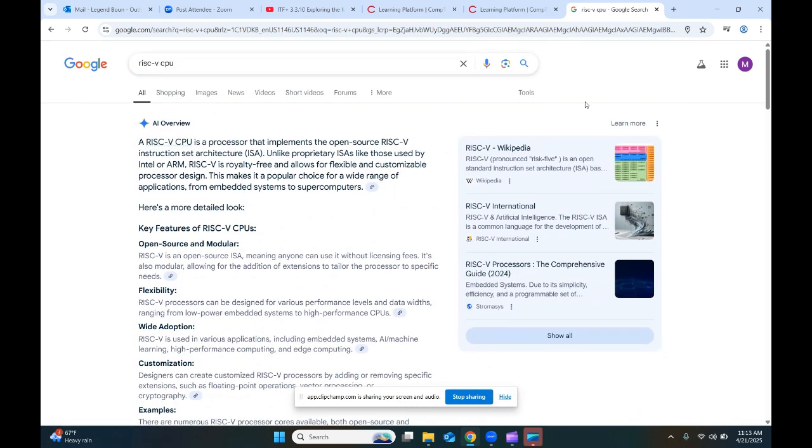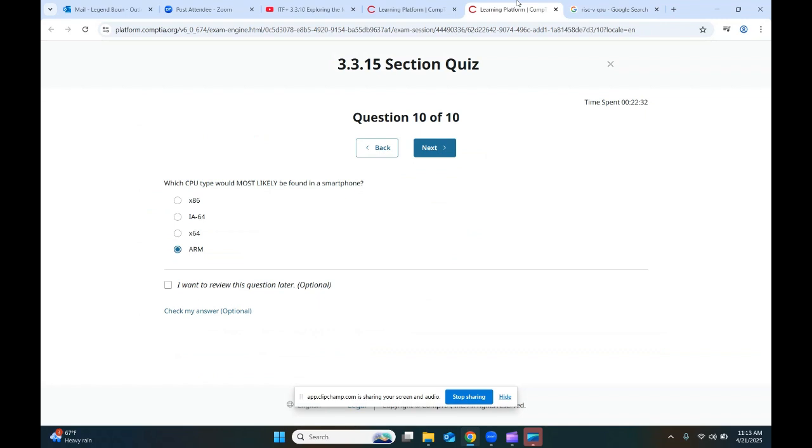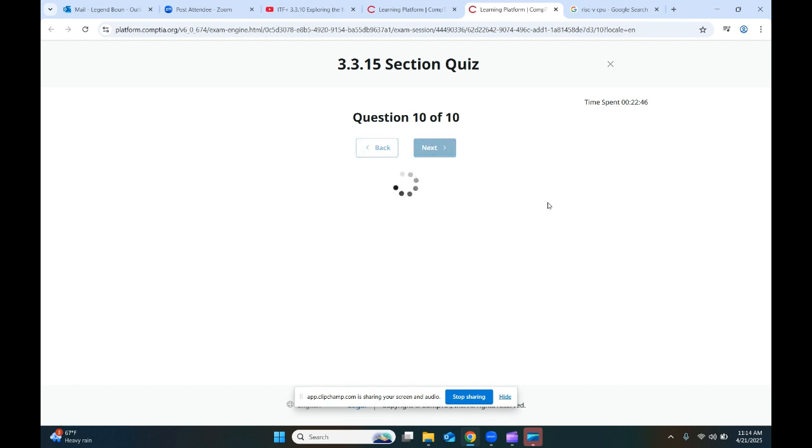Like x86 and x64, which are 32-bit and 64-bit respectively, their processors can take general commands or instructions, and the CPU is able to pull through. The ARM will be confused. It needs to be told exactly what to do, which means it needs more development time. I'm going to check this answer.